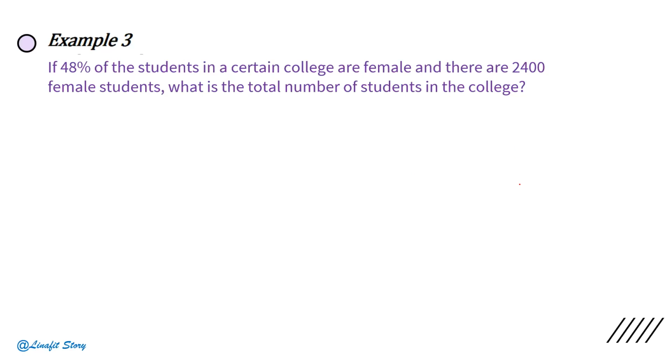Example 3. If 48% of the students in a certain college are female and there are 2,400 female students, what is the total number of students in the college? We can restate the problem as: 2,400 is 48% of what number?